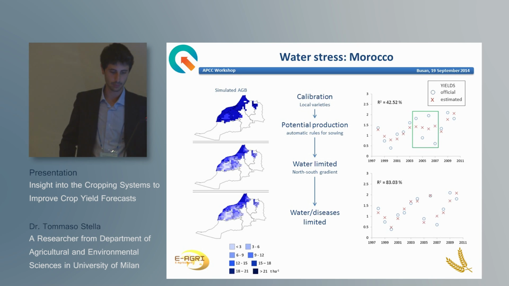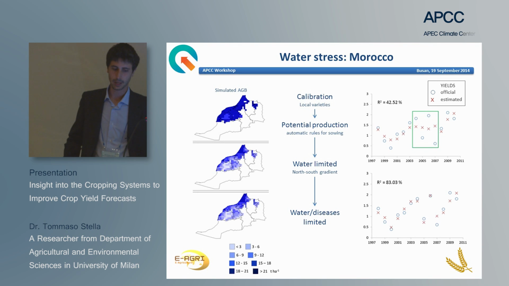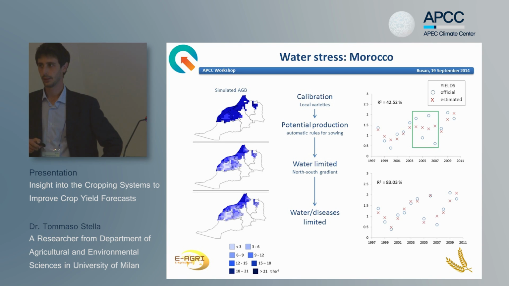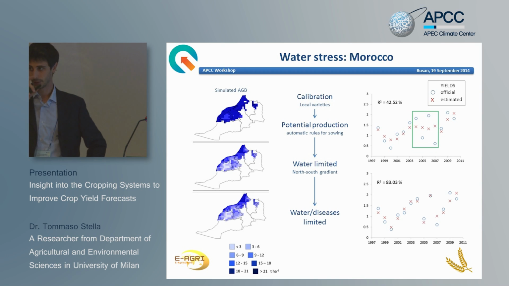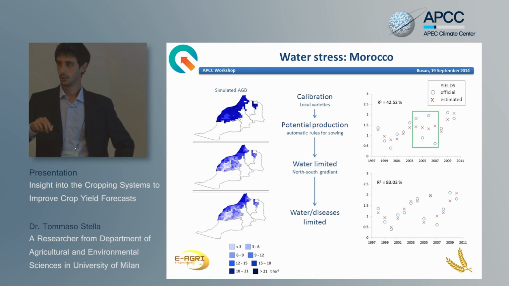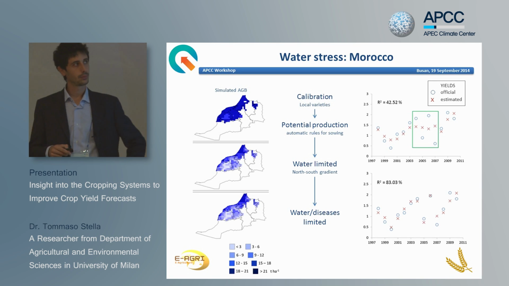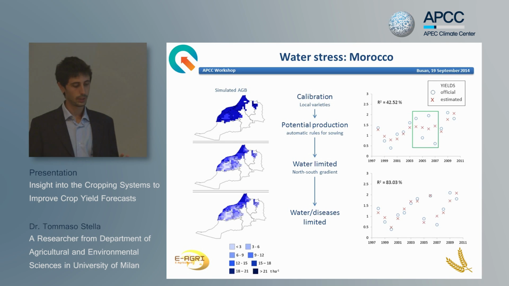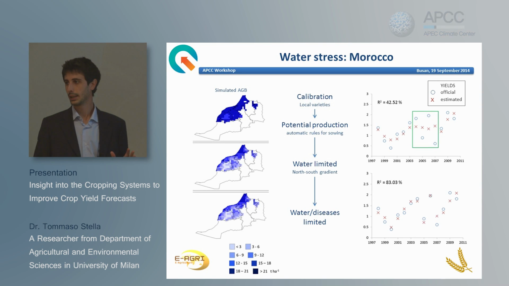This is a strange behavior, but remember, these are not directly the outputs of the simulation, but the result of a multiple regression of the outputs with the official yields. So basically, we take some indicators from the simulation and we relate them with the official yields.